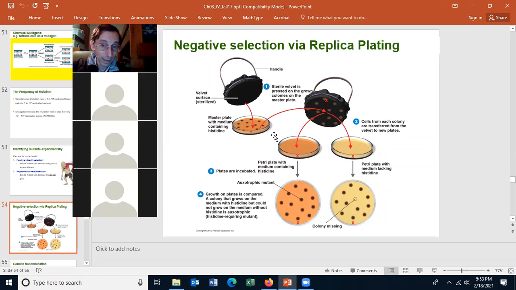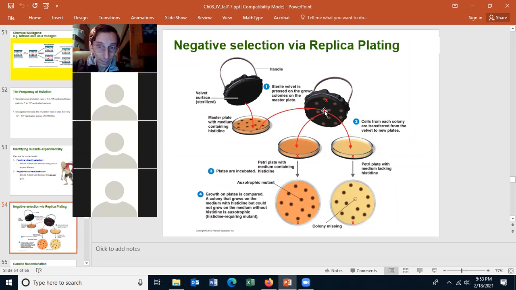that is the same media containing the amino acid histidine in it. And then you stamp the velvet onto another plate that is another media, and this media lacks the amino acid histidine. So the medias are the same, it's just that this one lacks the amino acid histidine.